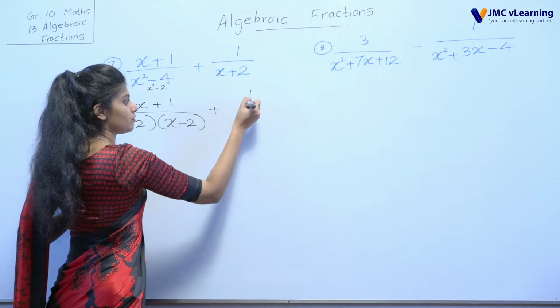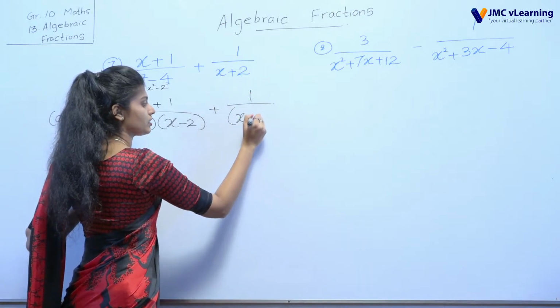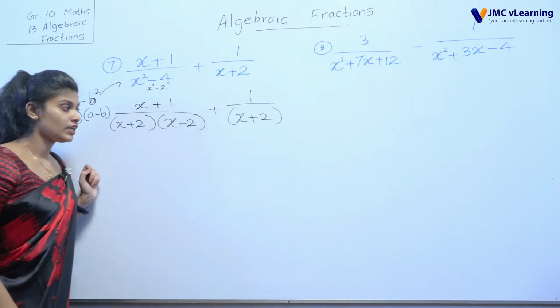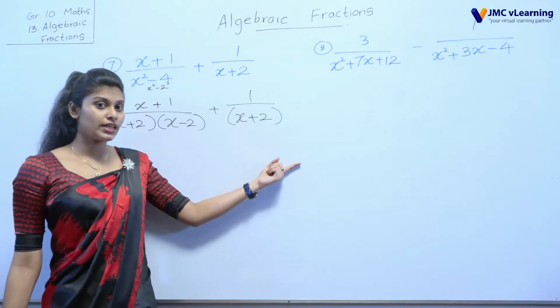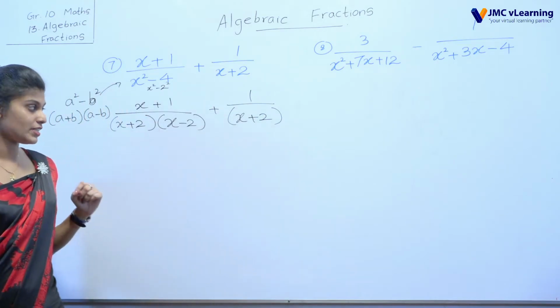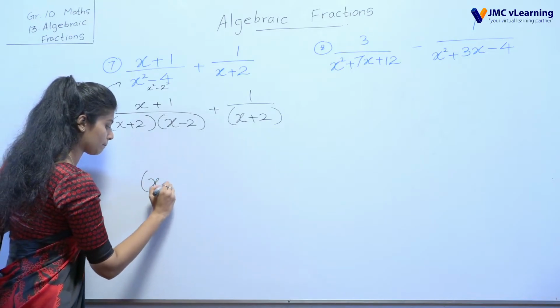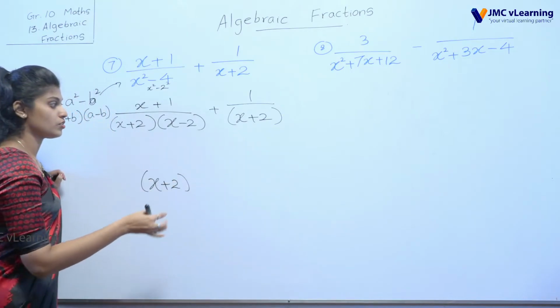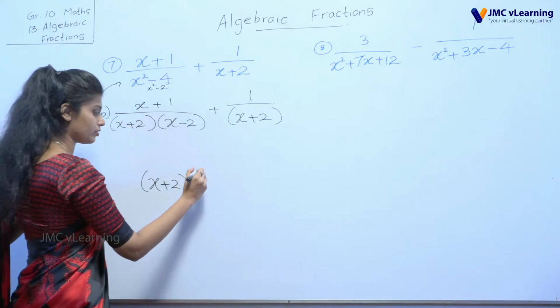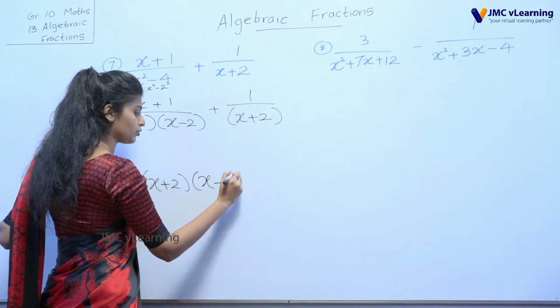Then this fraction 1 over x plus 2. In these two denominators you can see a common denominator, that is x plus 2, and also you have to take another part also, x minus 2.